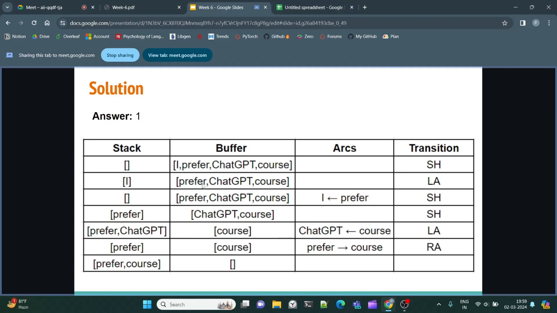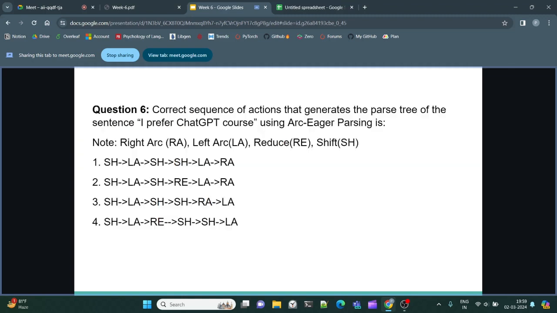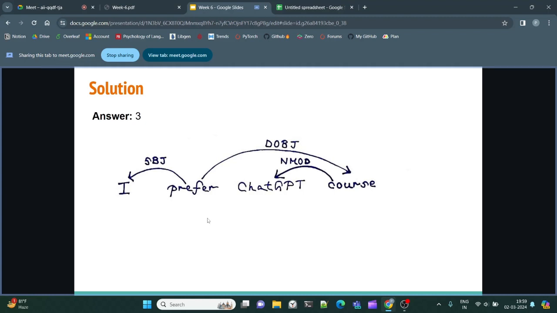If I look at the dependency graph, am I able to establish a relation between the top of the stack and the top of the buffer? Yes, indeed, I can. There is a subject relation.